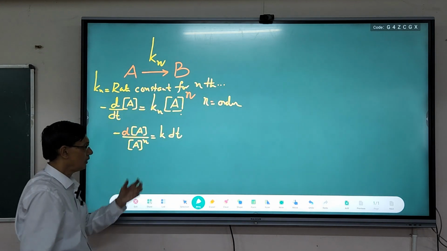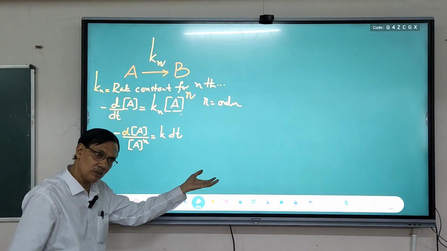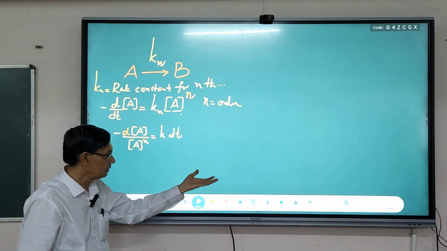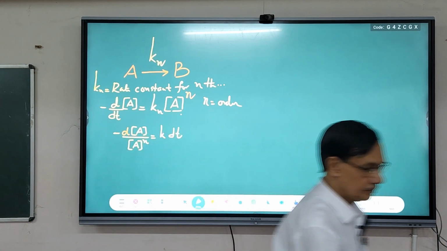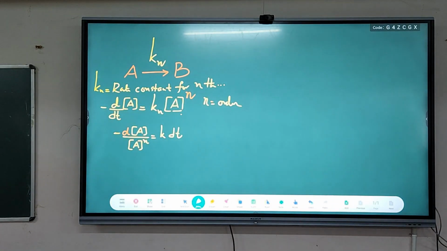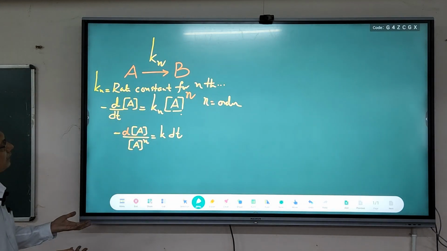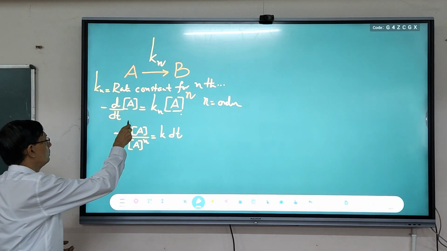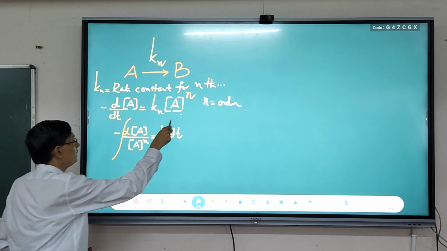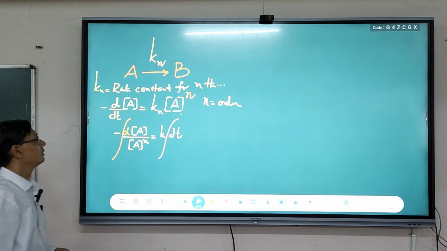Same thing you have already solved: reversible first order reaction, first order reaction, second order reaction. So our first part is that always we have to integrate it to know the system.